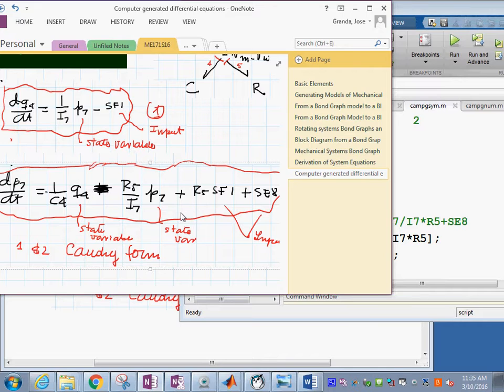So the first thing we need to start is that, and you will accept at this point that what CAMG has done, it has automatically derived the equations. The computer went ahead and, after having entered the bond graph model, that's all I need. I have these equations. Now let's concentrate on this idea about the state space form.